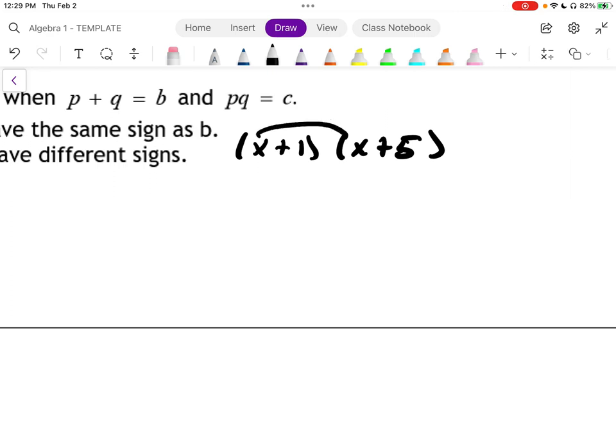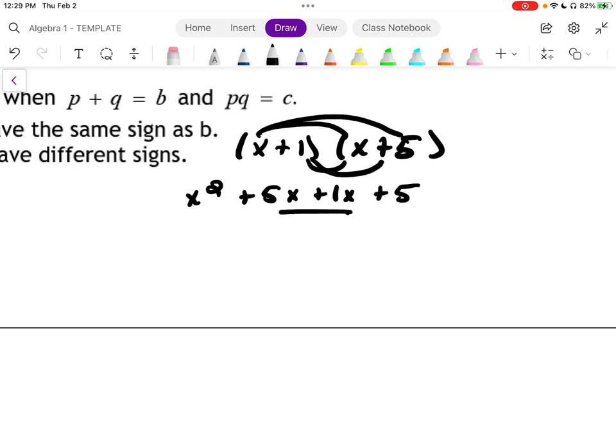We get our x squared plus 5x plus 1x, and then plus 5. These middle guys add up to be 6x. So we have x squared plus 6x and then plus 5.